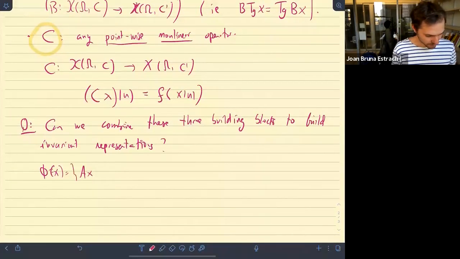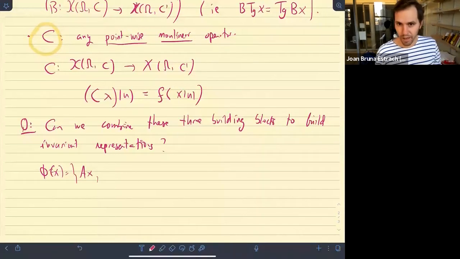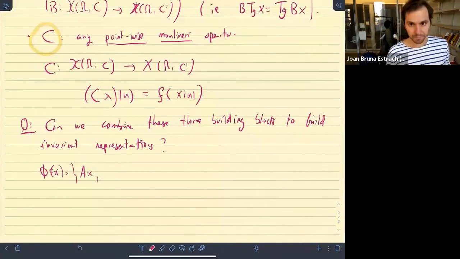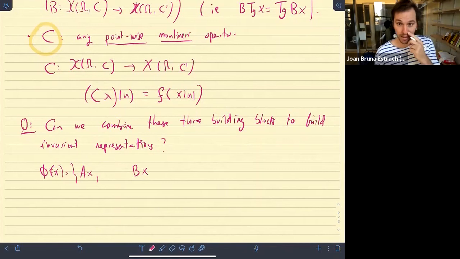But now, let's start playing. If I do B of x, do I get invariance? Obviously no, because B by definition commutes with the group; it's not invariant. So can I, for example, take B and concatenate it with A? What do I get here?